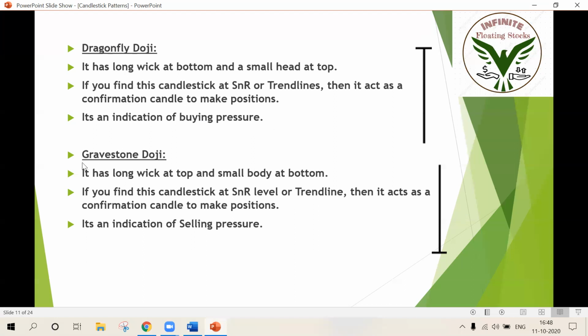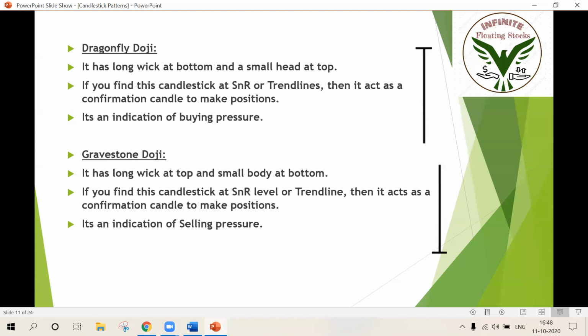Now see the gravestone doji. Look at this name. It says gravestone. Remember the graveyard. What happens at the graveyard? It's very simple. When someone expires, we dig a hole in the earth and put the body into the hole.